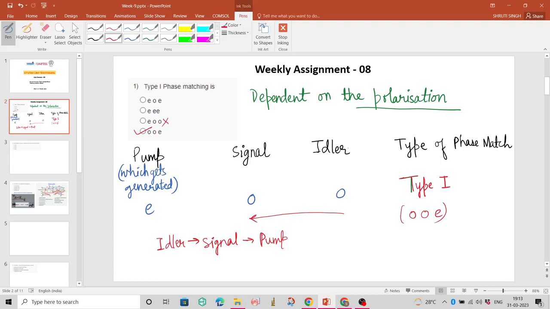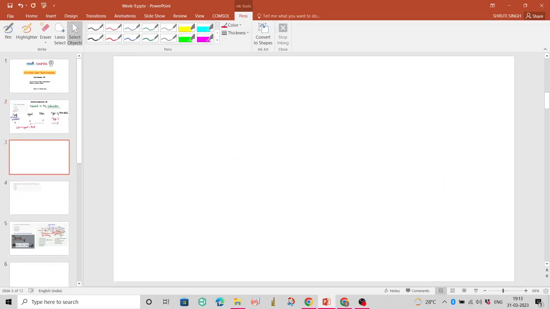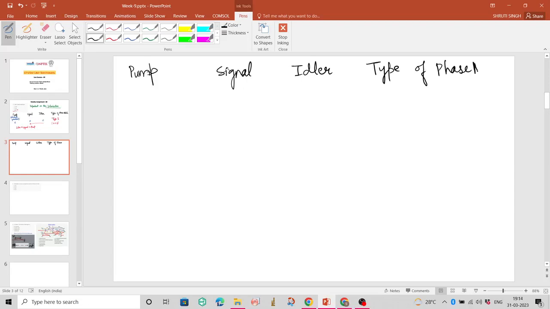Right? So let's see the other phase matching also. The same thing here, I'm writing pump, signal, and idler.